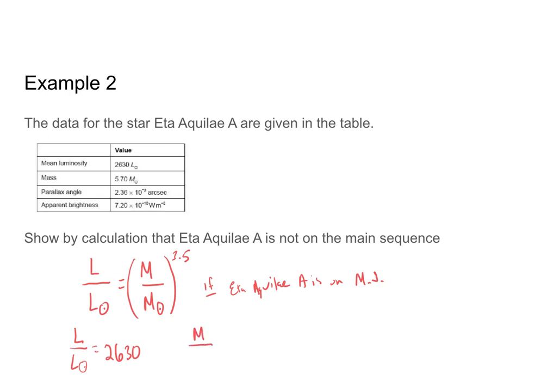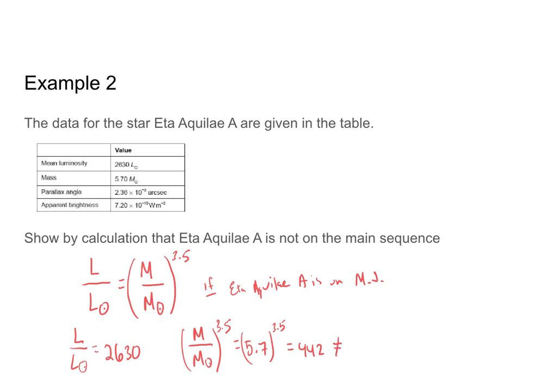The mass over the mass of the sun to the 3.5 is equal to 5.7 to the 3.5, because my mass of the suns will cancel out. And when I put that in my calculator, I get that the ratio of mass of Eta Aquilinae A to the mass of the sun, to the 3.5, is 442.